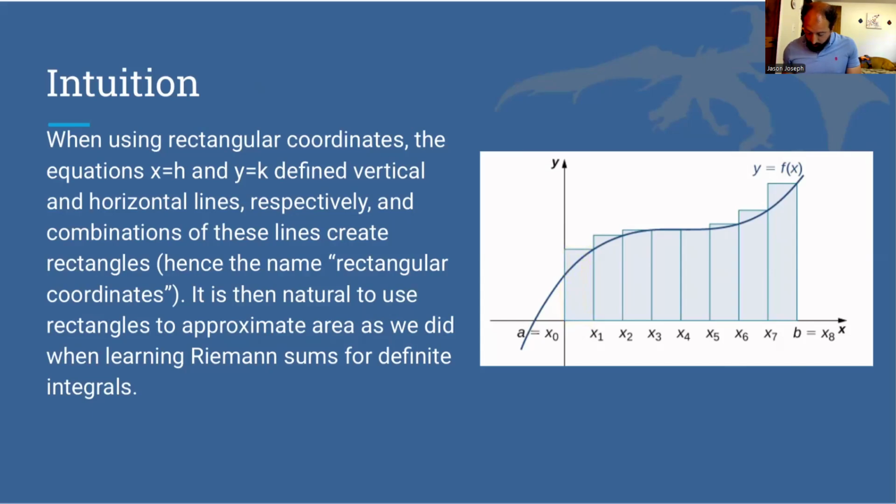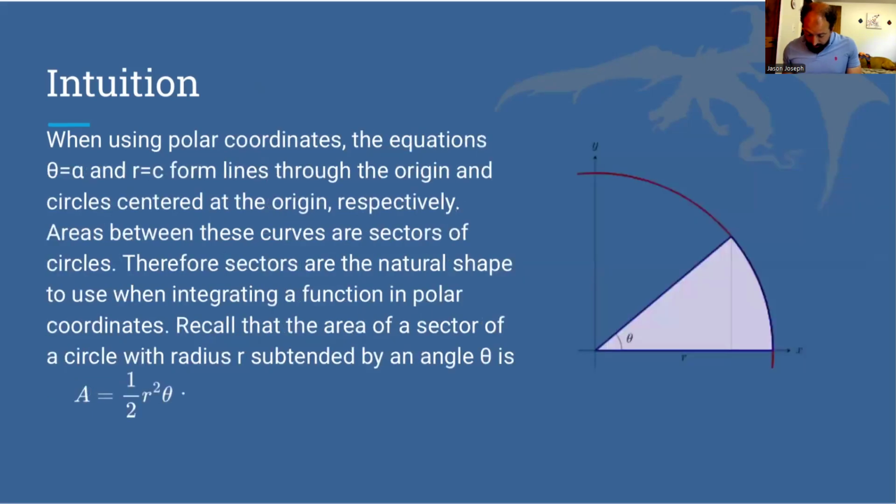That's what we did with Riemann sums when all our functions were y as a function of x, or sometimes x as a function of y. And it's worthwhile to think about what sort of a grid.